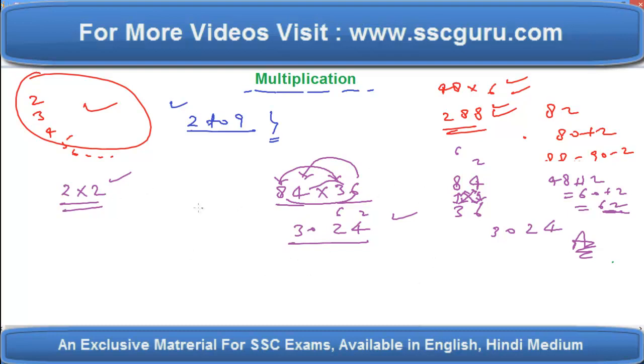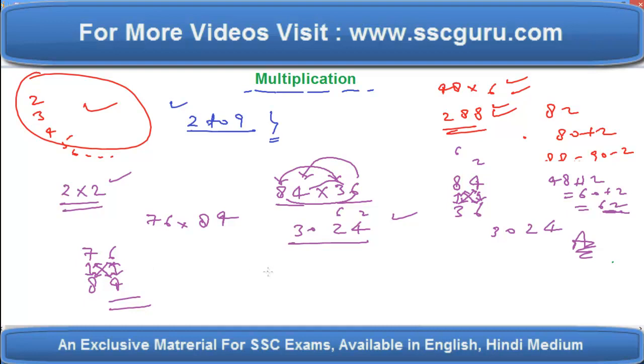Now I explain it again. Suppose we have two numbers, 76 into 84. We multiply first the unit digits, then diagonally, and after that the hundreds place digits.